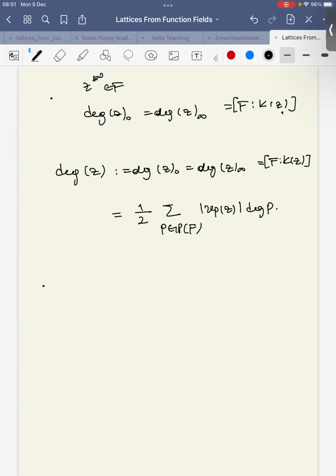And in the last exercise, you have seen another invariant for the function fields, which is defined as the minimum extension degree over a rational subfield.